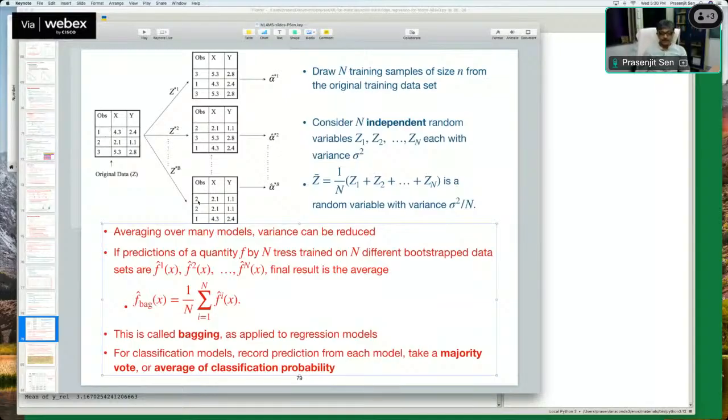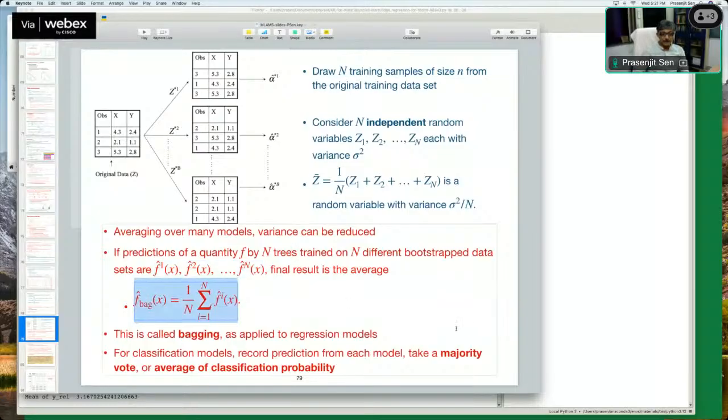You are artificially creating n independent data sets. And because now you have n independent data sets, you can train n different models. If I'm predicting a quantity f, which depends on my features x, the n trees will make n different predictions.